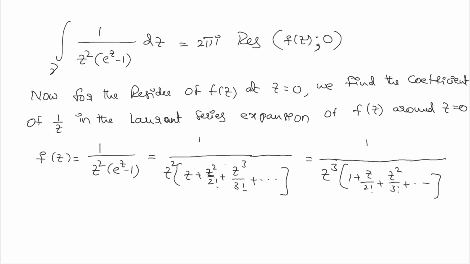So now to look at the coefficient of the term 1 divided by z in this Laurent series expansion, we do the following: 1 divided by z cube times, I can write this as 1 plus z divided by 2 factorial plus z square divided by 3 factorial plus and so on whole inverse.